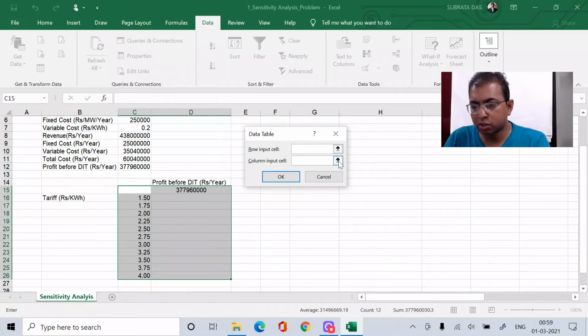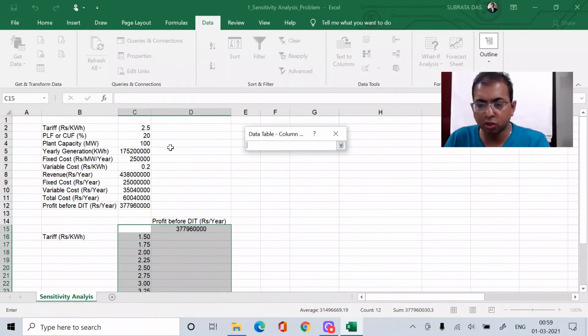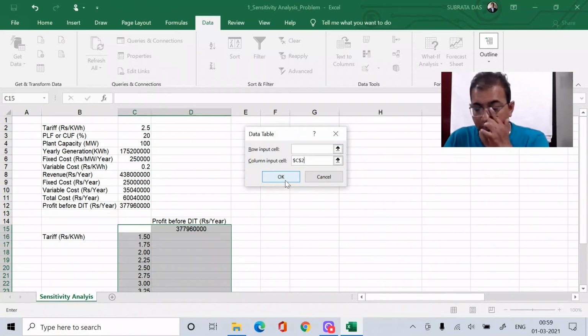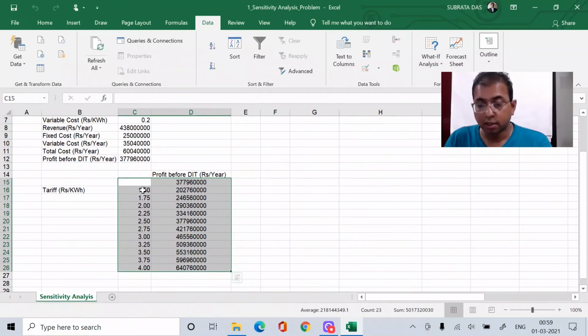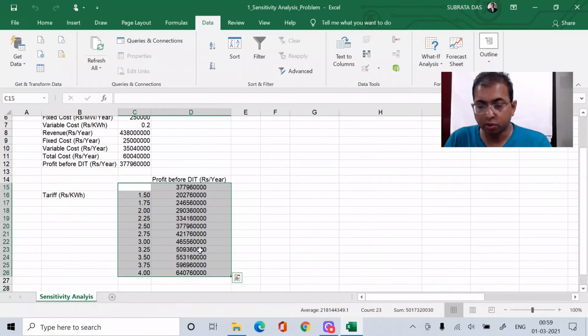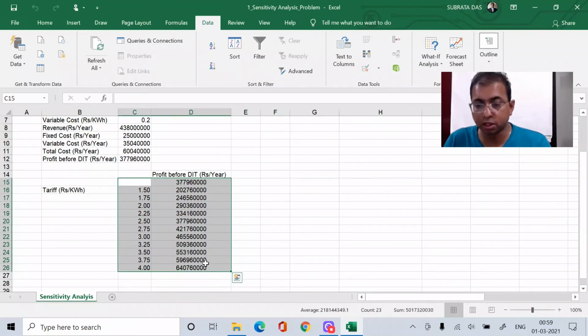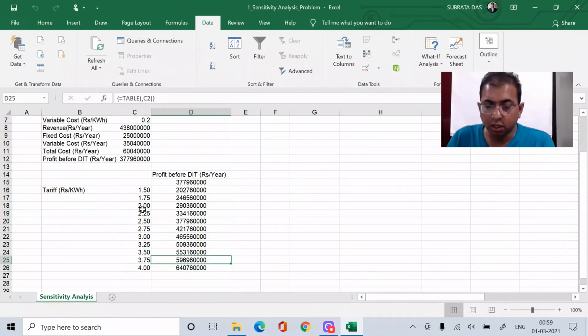So this column cell I will connect to the original tariff rate, and this tariff will get replaced by each of these tariffs, and accordingly profit will be calculated. If I press OK, I will get profit for each of these steps. So this is the sensitivity between tariff and profit.